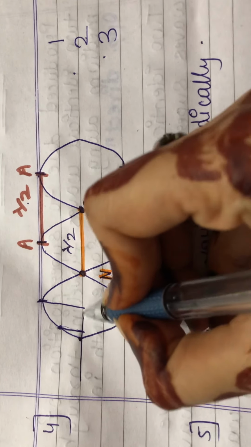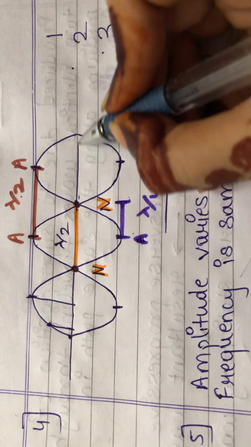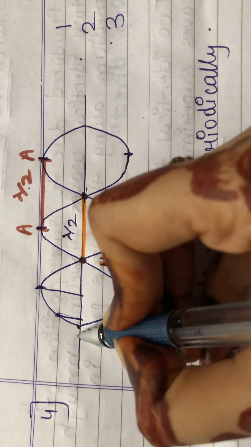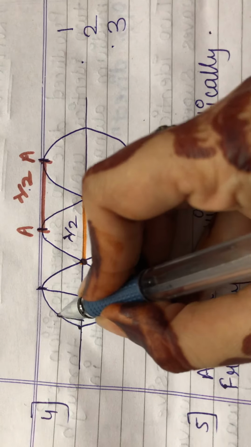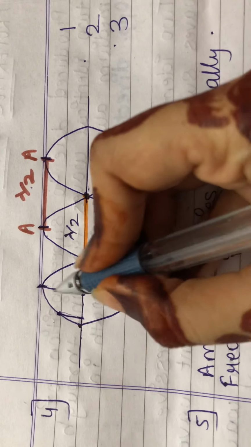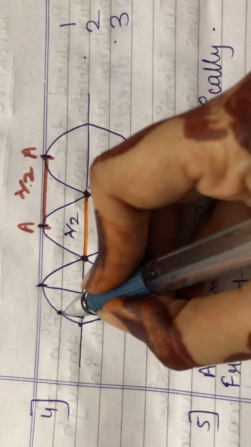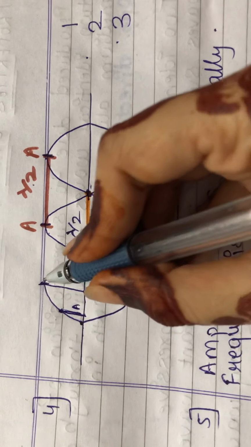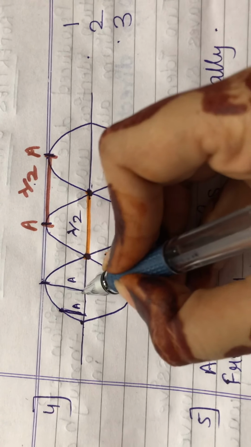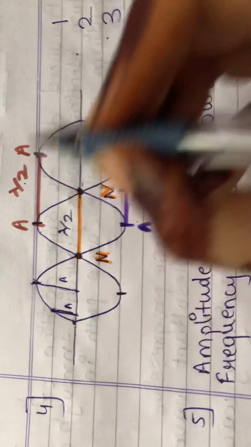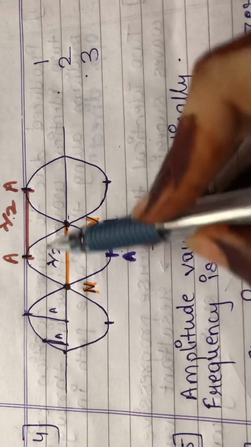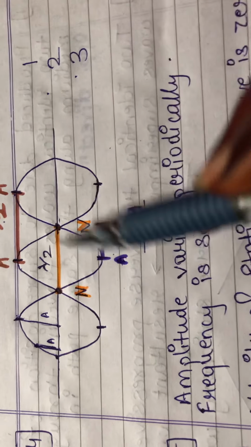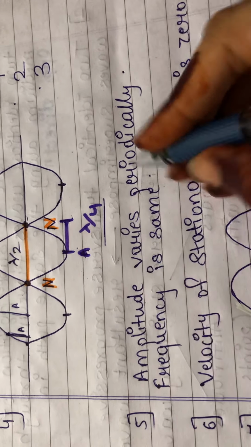If this is the mean position, the line which I am drawing, from the mean position this is the maximum displacement. So here the amplitude is small and here the amplitude is larger. So the amplitude changes periodically, but the frequency is the same. Wherever the particles are vibrating, all the particles will vibrate with the same frequency.